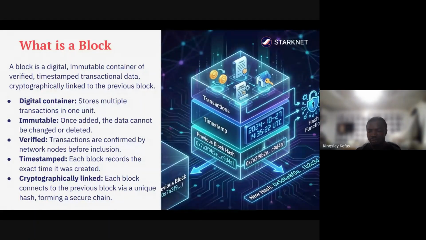Now, what is a block? A block is basically a container that holds some of your transactions, not all transactions.